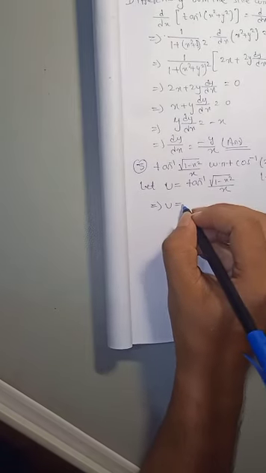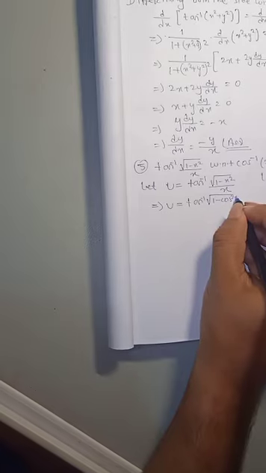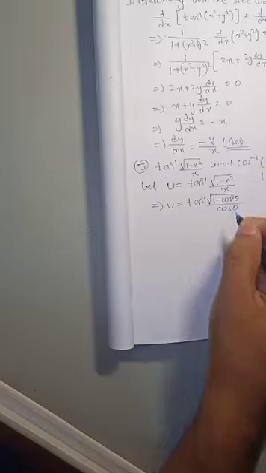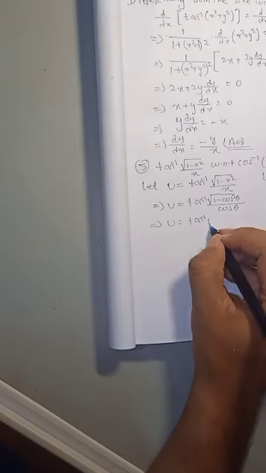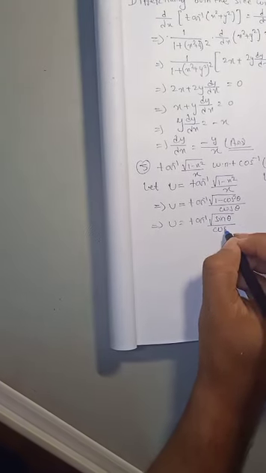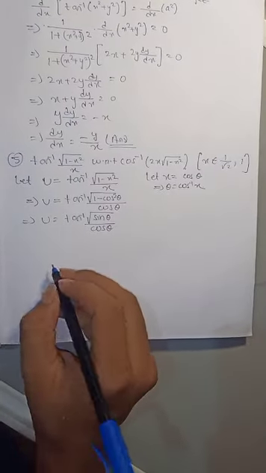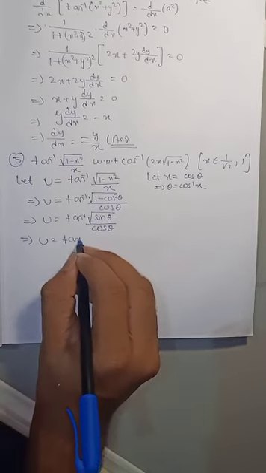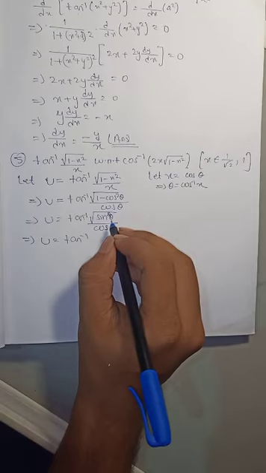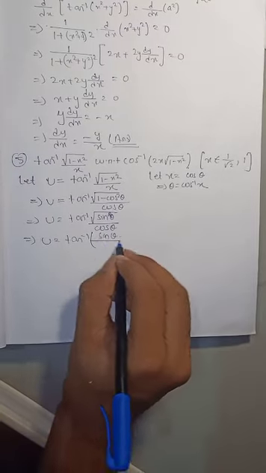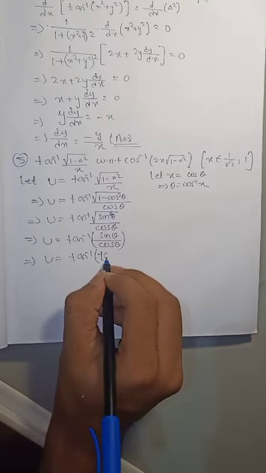So u is equal to tan inverse of root 1 minus cos square theta by cos theta, which is tan inverse of root sin square theta by cos theta, then sin theta by cos theta, which is equal to tan inverse of tan theta.